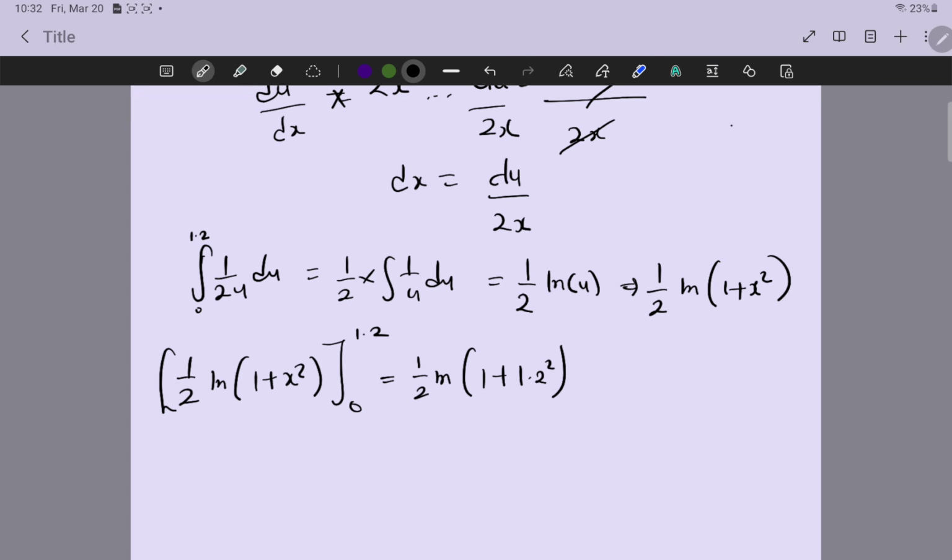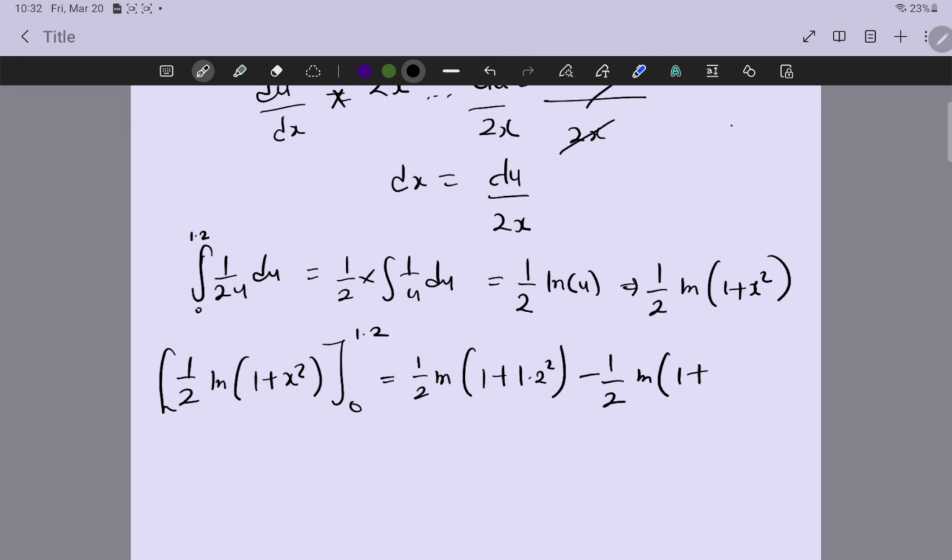So when we do that, ln 1 plus 1.2 all squared, right? If you do the boundary integral, what you are simply saying is 1 over 2 ln 1 plus this, minus 1 over 2 ln 1 plus 0.